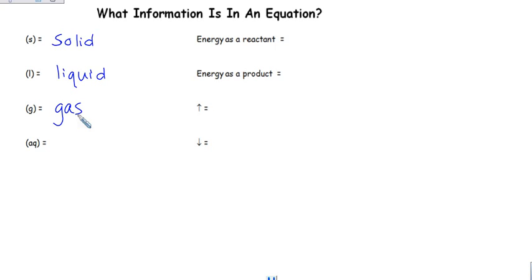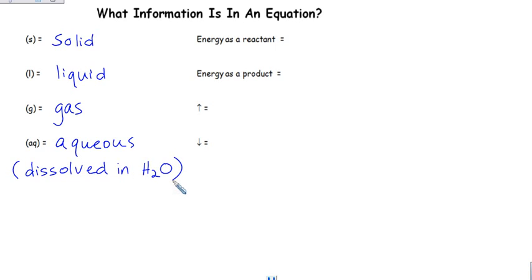The AQ stands for aqueous. Or in other words, something that has been dissolved in water. So the trick is, it might look like it's a liquid, but it doesn't naturally occur as a liquid.